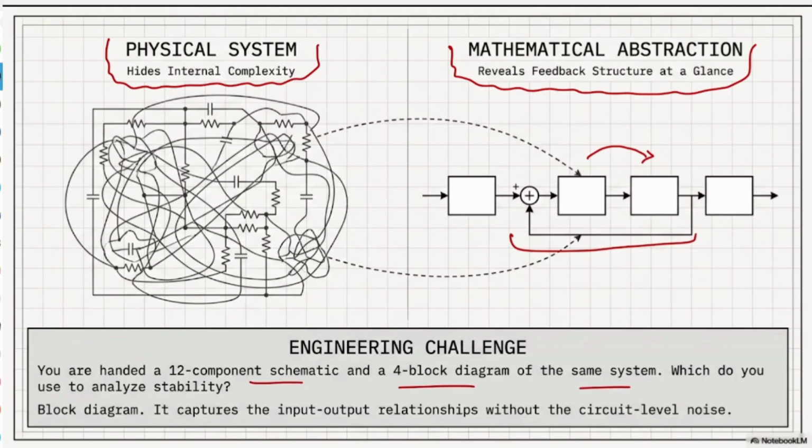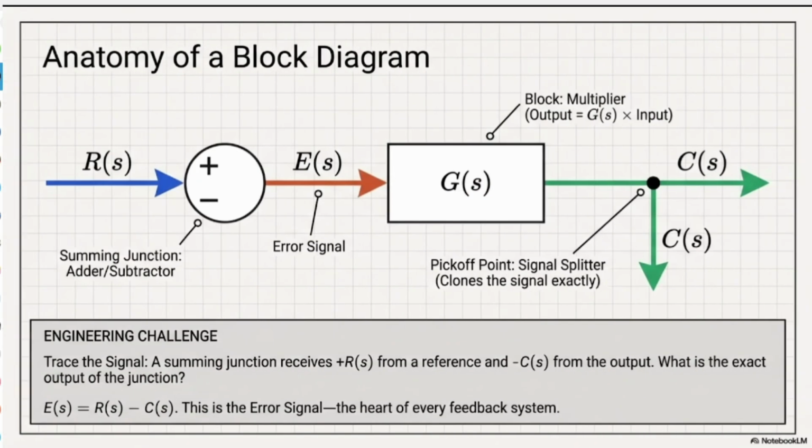Obviously the one that you choose would be the 4-block diagram, because the mathematical model is going to be way simpler, and after that you can decide on the whole system, predict what would happen in steady state or transient state scenarios, and then decide whether we can build this model or not.